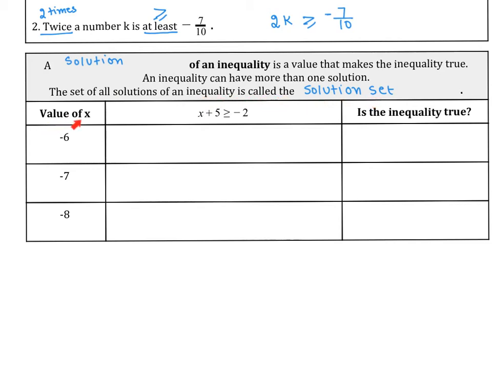So let's check negative 6 and plug it in to see if the inequality is true or false. We use negative 6 for x. Negative 6 plus 5 is negative 1. Negative 1 is greater than negative 2.